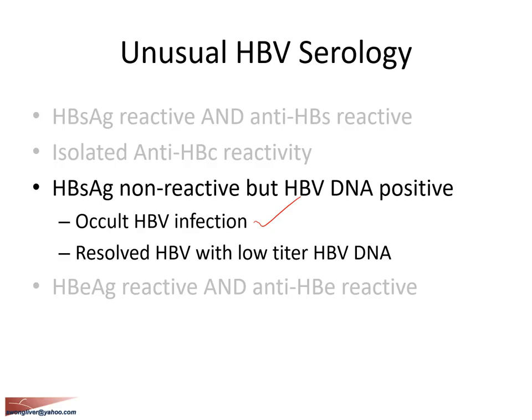Even though patients recover from hepatitis B, the cccDNA remains in the hepatocytes. These templates for the virus can sometimes still produce DNA levels. So you can have low titer HBV DNA levels even in patients with resolved hepatitis B status.